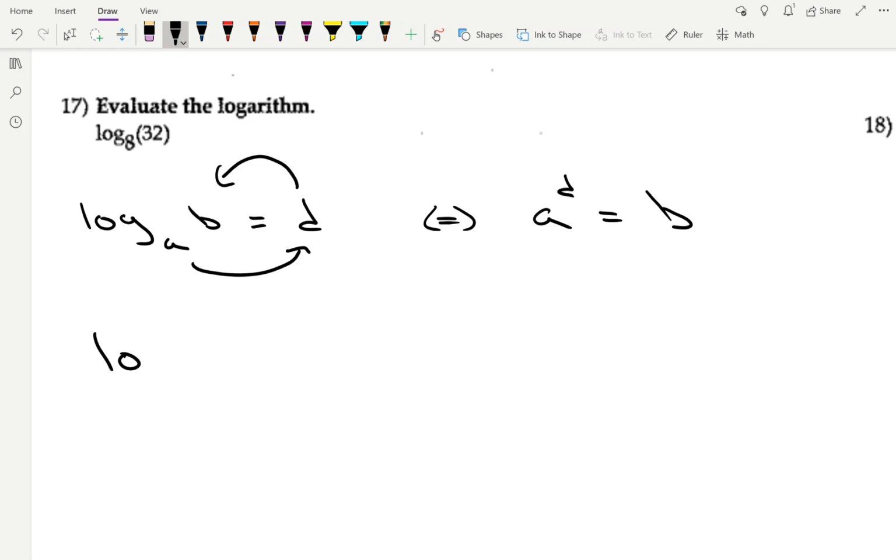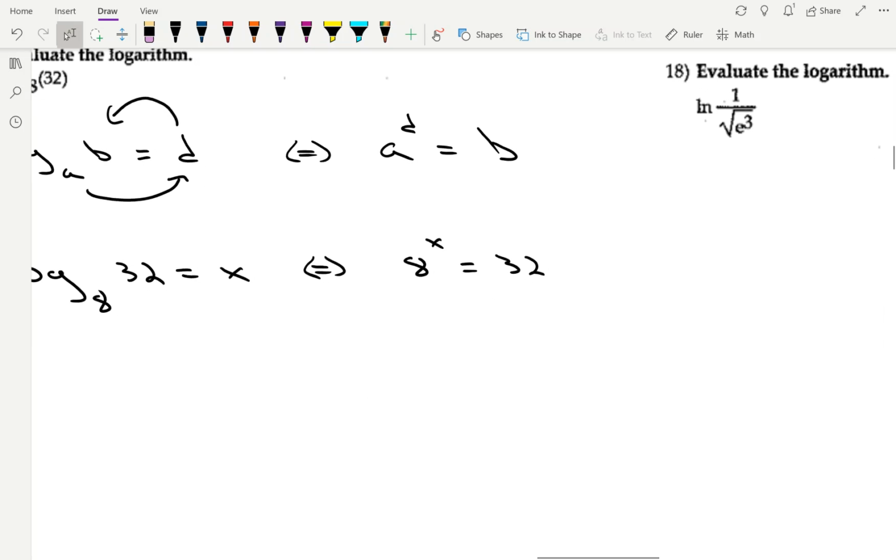So if we look at this here, we have log base 8 of 32 is equal to x. We don't know what it is, so just call it x. That means 8 to the x, because the logarithm is an exponent, is equal to 32. So 2 to the third to the x.